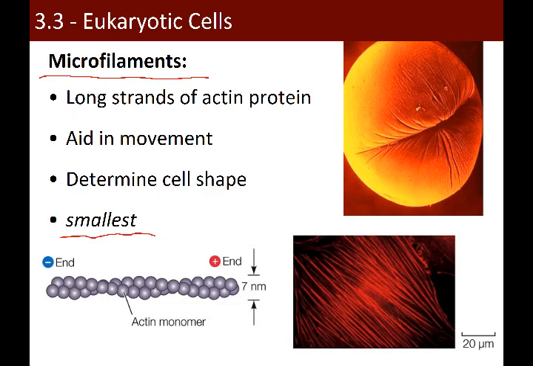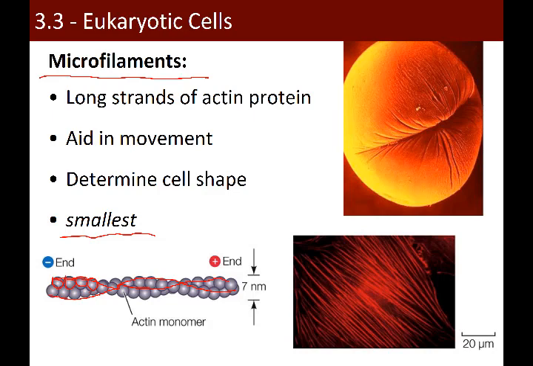And so if you look down here in this image, each one of these little spheres is an individual monomer of actin, so an individual unit of actin. And we have two strands here, one going this way and one coming this way. These two strands are twisted together, okay?